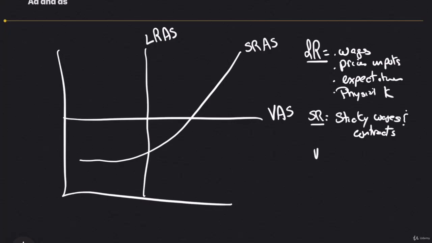And in the very short run, companies can essentially change quantity without having any changes in price of inputs, wages, and inputs of resources. So that's the very short run. That's why it's flat. So let's look at the very short run first. Let's say we're producing at this level. If the company wants to increase its production, it could just increase production to this level without affecting prices in the economy.